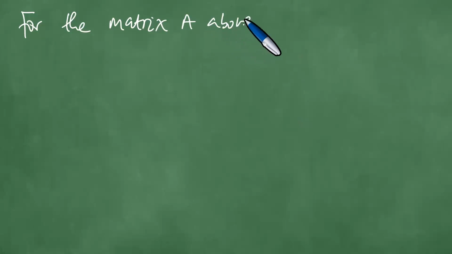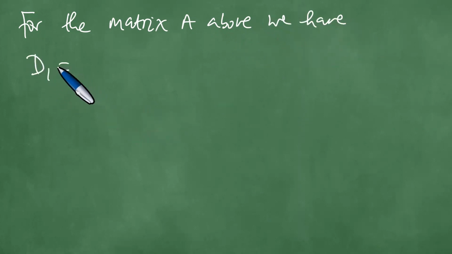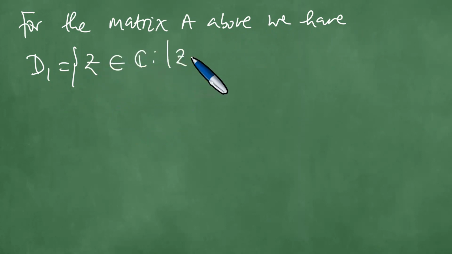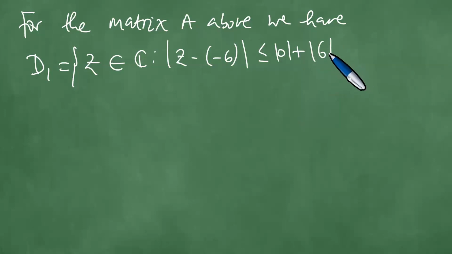For the matrix A above we have disk 1: z in C, |z minus this| is 6 plus 0, which equals 6.